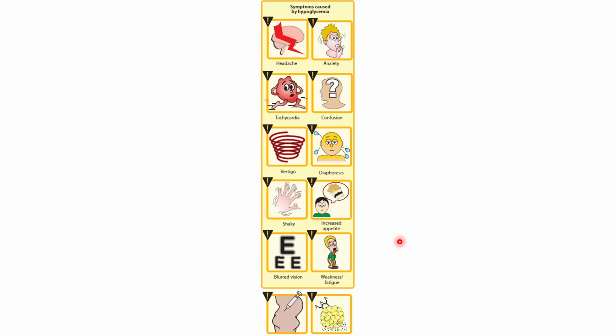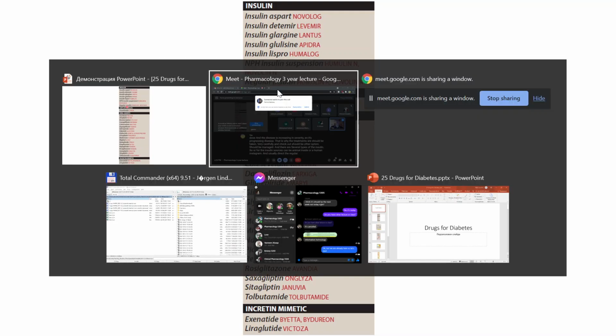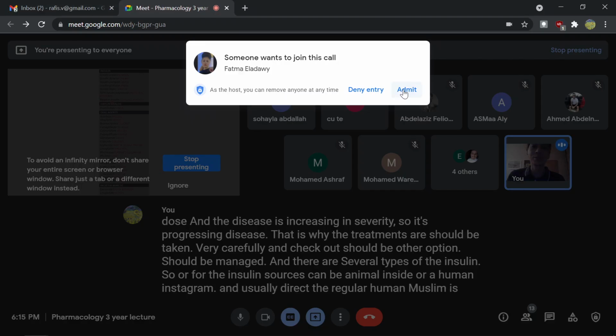And there are several types of insulin. The insulin sources can be animal insulin or human insulin, and usually the regular human insulin is used for the treatment.